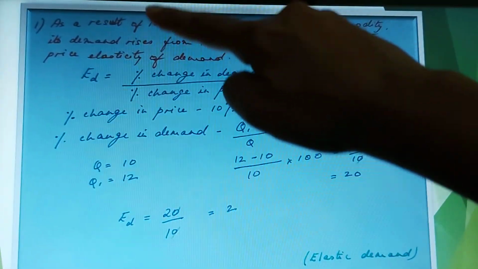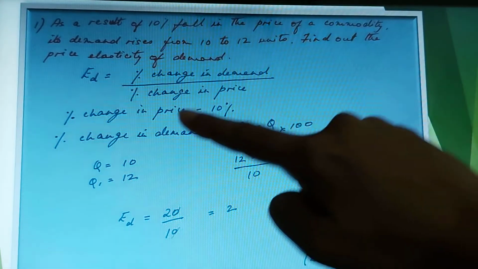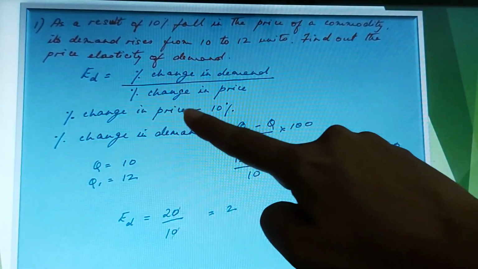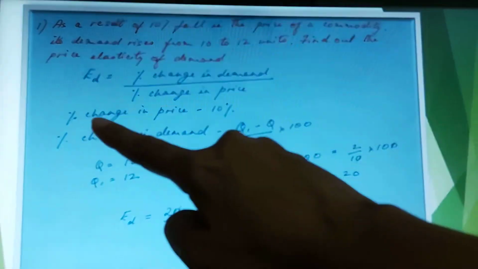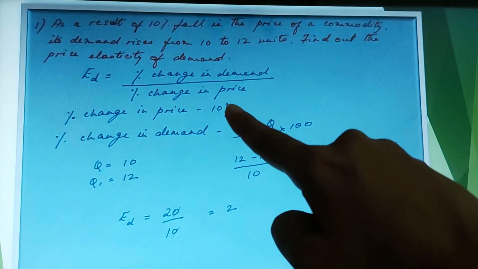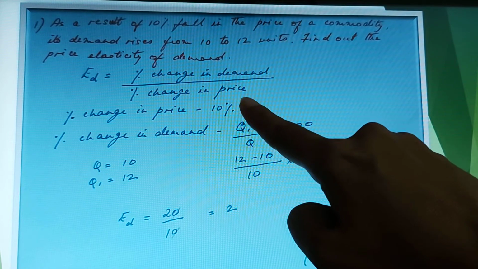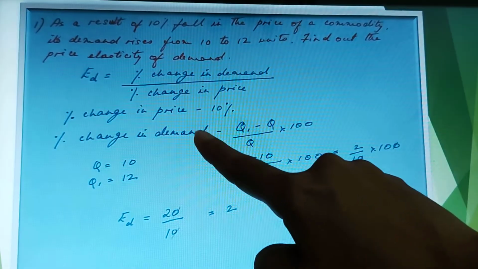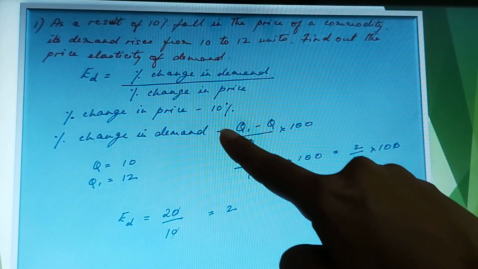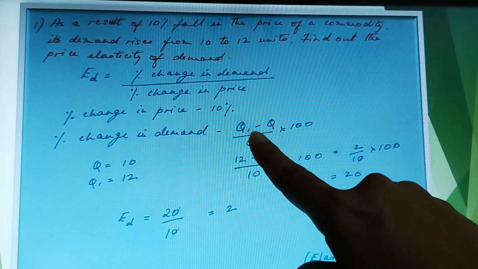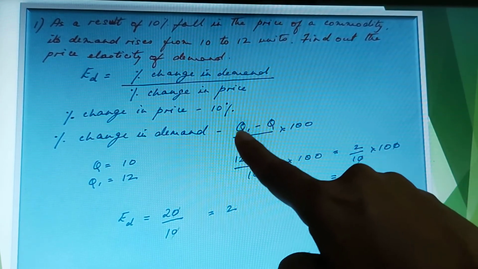So, we already have this. What is this 10% fall in price? That is the percentage change in price. So, percentage change in price is how much? 10%. And if it's a fall, it should be minus 10%. Now, percentage change in demand. How do we calculate it? Remember, Q1 minus Q. What is Q1?